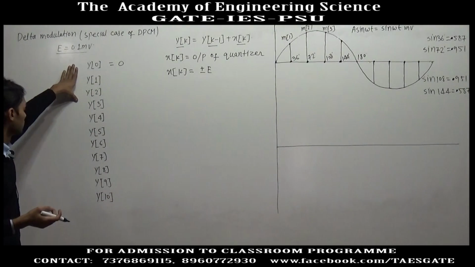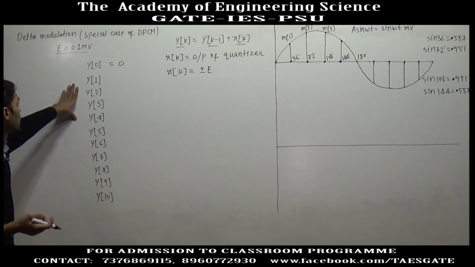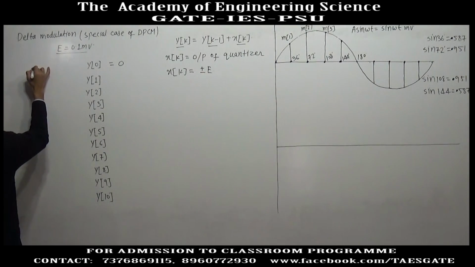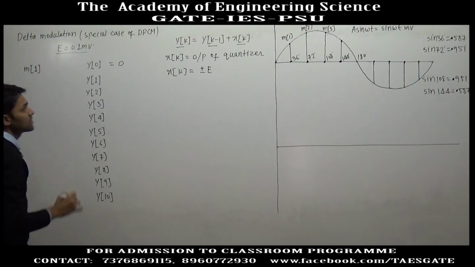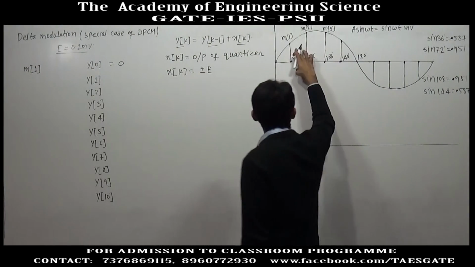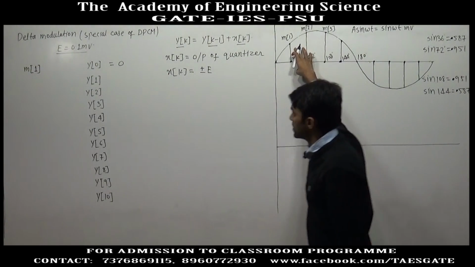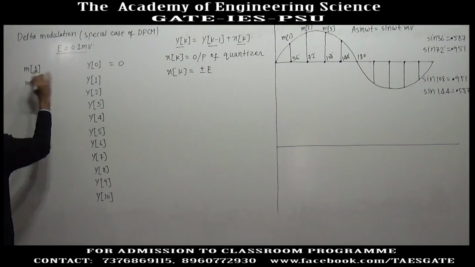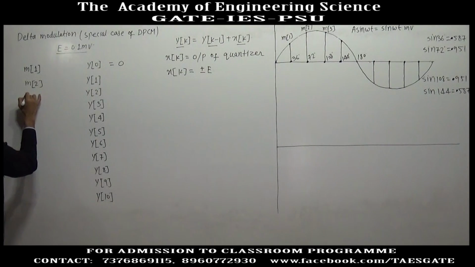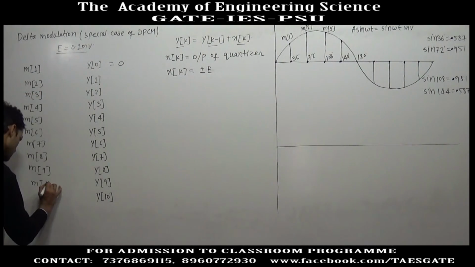So, I have listed down the different outputs, and here I am listing inputs. The first input is M1, second is M2, and M10, M11.